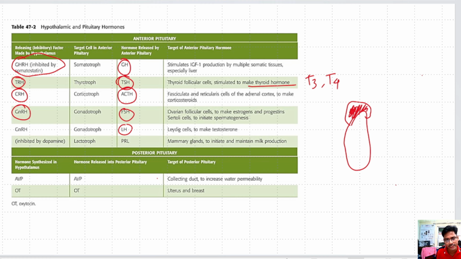The follicle stimulating hormone makes the estrogen and the progesterone, and the luteinizing hormone makes the testosterone in the Leydig cells, and obviously has major functions in the male body.